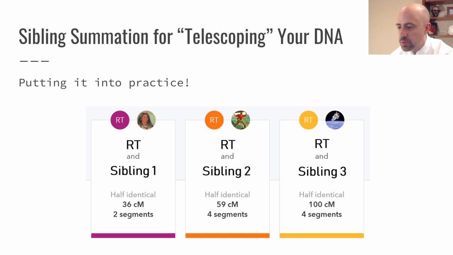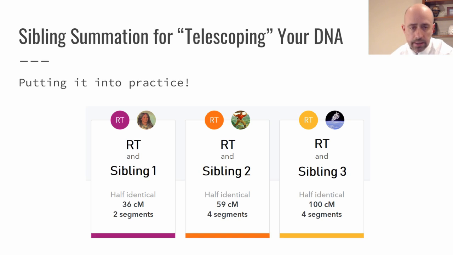And as you'll see, as we often do, these 3 siblings share varying amounts of DNA with RT. RT is a paternal cousin, and we've got different amounts of DNA shared between RT and each of these siblings.